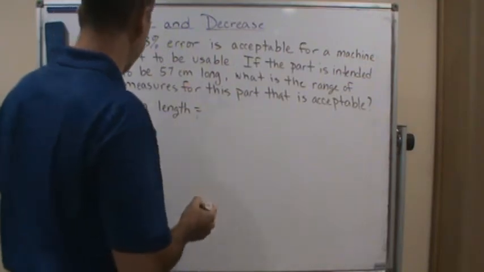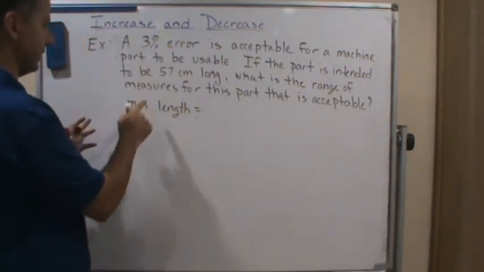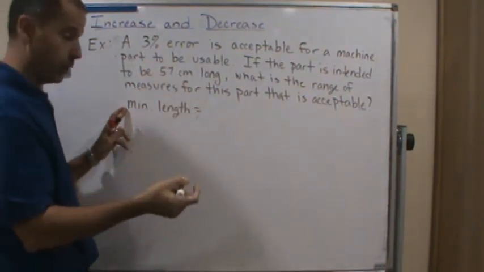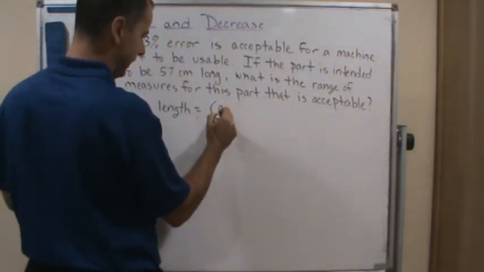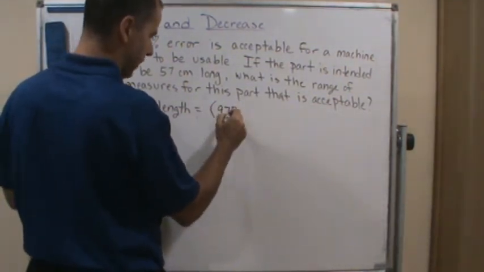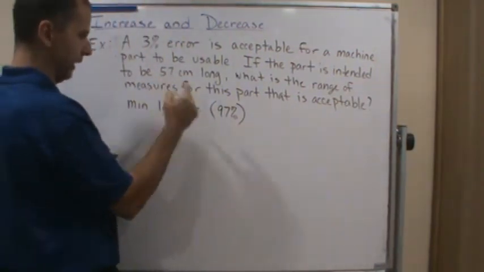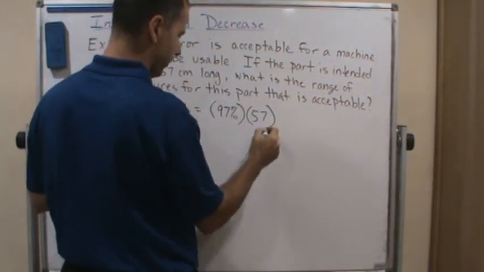Okay, so here's the thing. Minimum length: we're going to take 3% and subtract that from 100%. Because we're talking about a decrease, it's going to be 97%. So basically we're going to take 97% of the original length. That's the minimum length we're going to have.